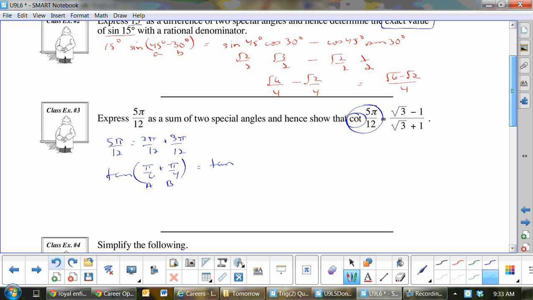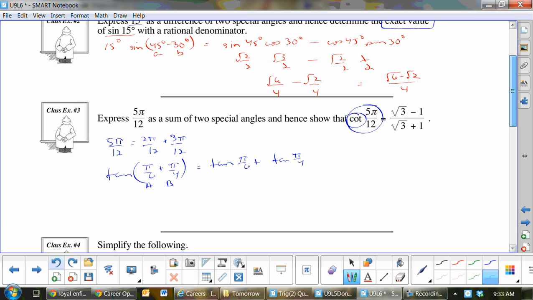Because cotan, it wants us to find cotan of it. So tan's easier because I know it on my unit circle. And I can flip my answer at the end. Yeah. Okay. So now I've done this 100% backwards, so it's good for me too. So this is tan pi over 6 plus tan pi over 4.